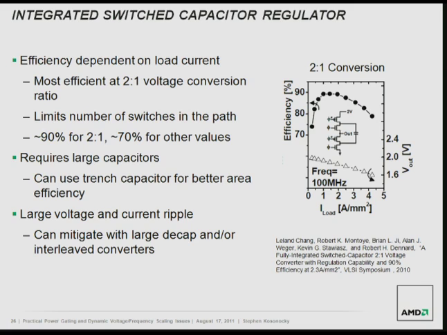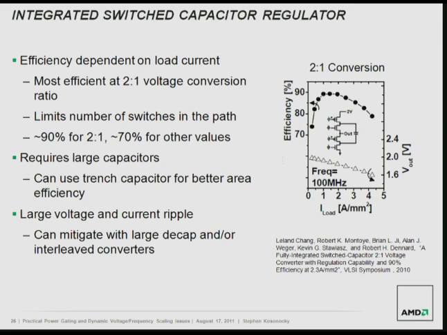For integrated switched capacitor regulation, it would be really nice to get that in there close to the chip so we could have a very fast regulator. For a switched capacitor, the most effective step down is a 2-to-1 voltage conversion, because that makes it much easier to switch the flying capacitor in and out with low impedance and low losses.